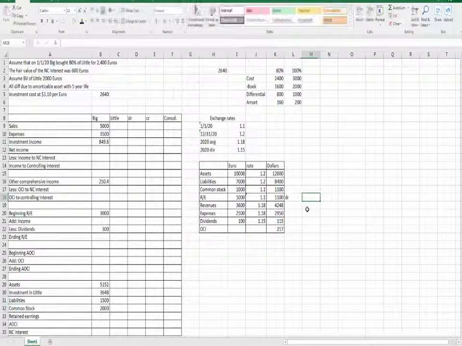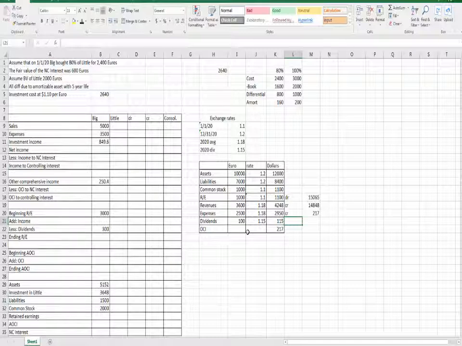Now again, not meaning to beat a dead horse here, my total debits were $15,065. My total credits were $14,848. So my debits exceed my credits, so to make this thing balance, I need a credit of $217.